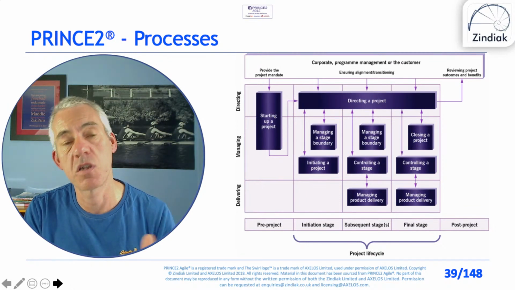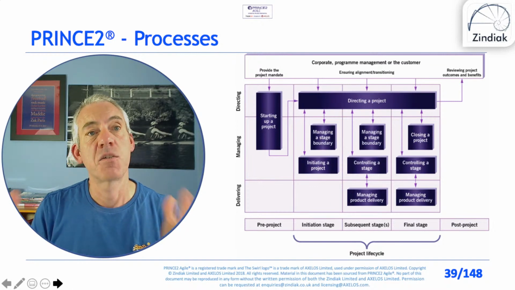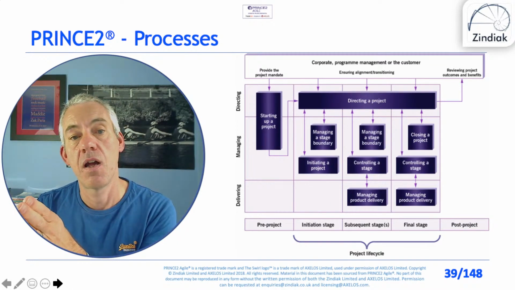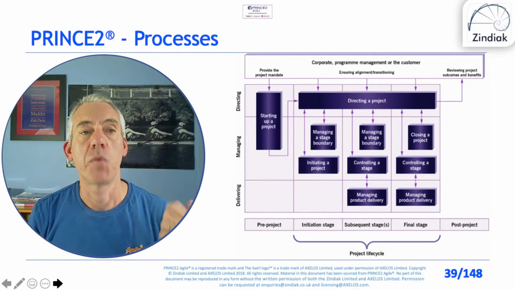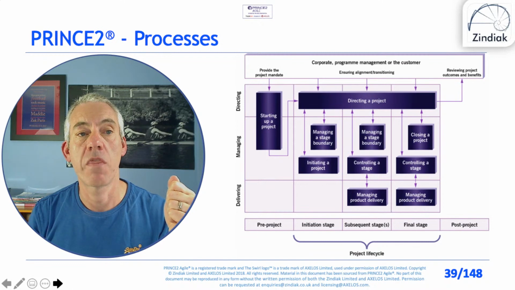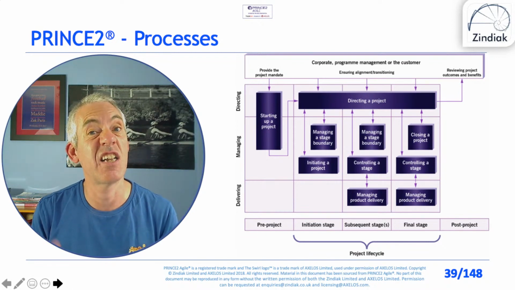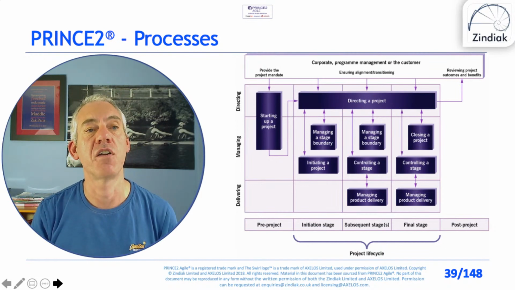And as part of the project brief, we have an initiation stage plan. PRINCE2 must have at least 2 management stages, an initiation stage and at least 1 delivery stage. If we get authorization, then we go into the initiating a project process, which takes place during the initiation stage. So just be careful about those if you're not used to PRINCE2.